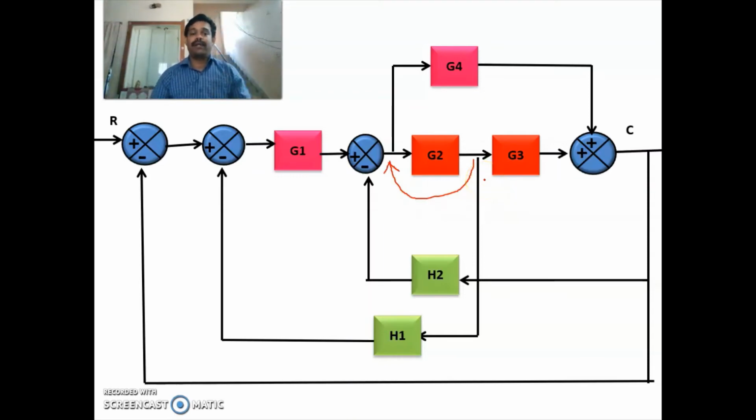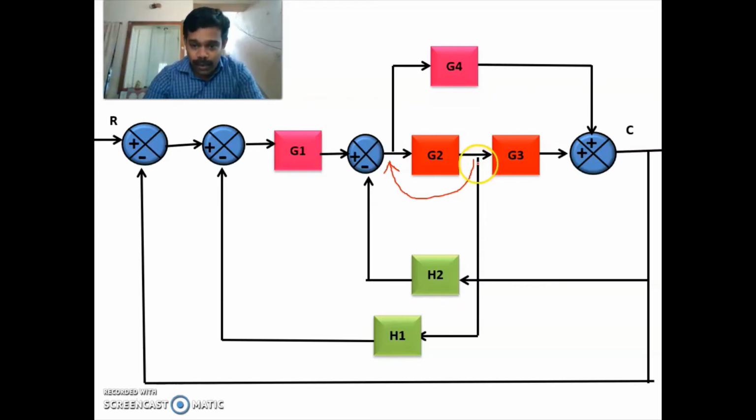So our rule is whatever you are getting before moving the branch point, that must come even after moving the branch point.